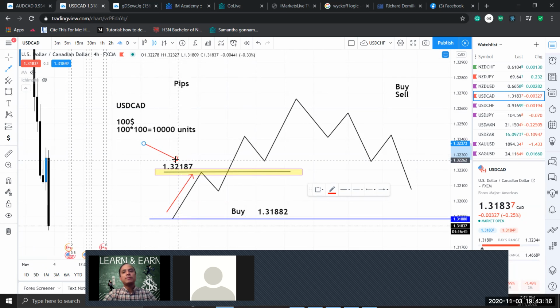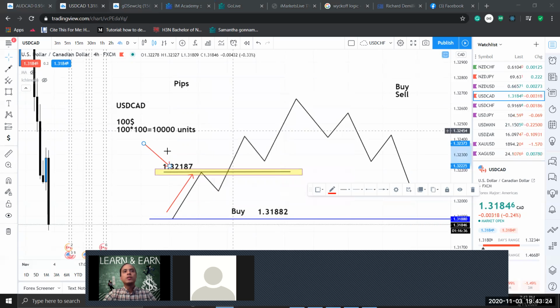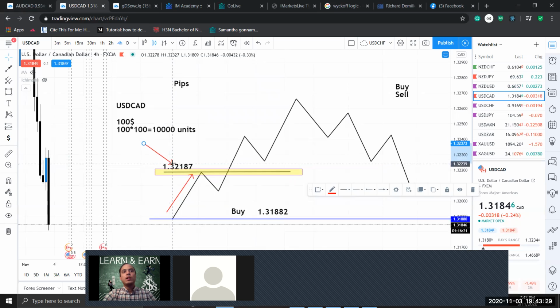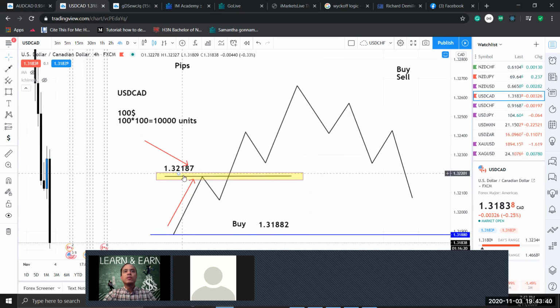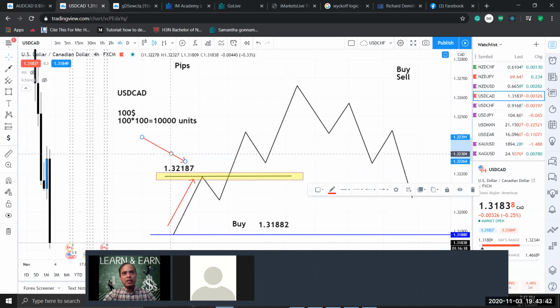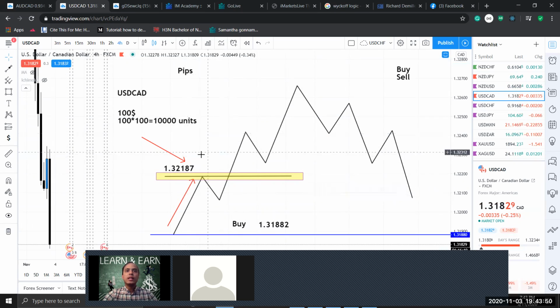You can see this is the decimal point. Here we have 1, this is the first decimal point, second decimal point, third decimal point, fourth decimal point. Now we look at the fourth decimal point, and each unit change in this fourth decimal point is your pip. Let me repeat that again.